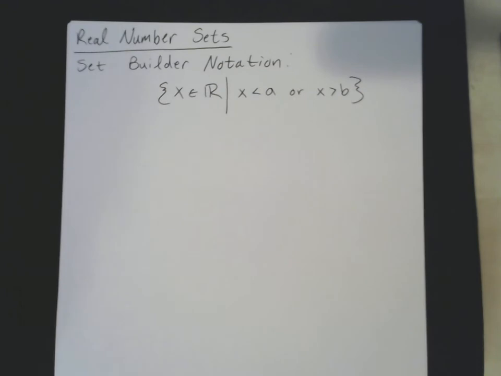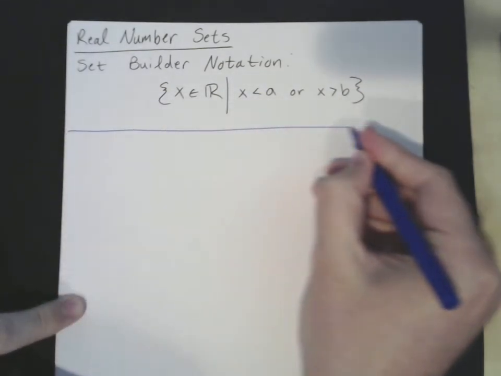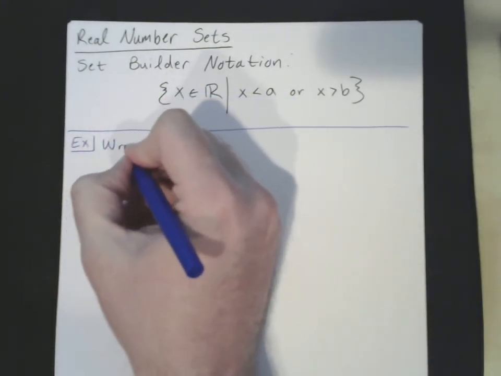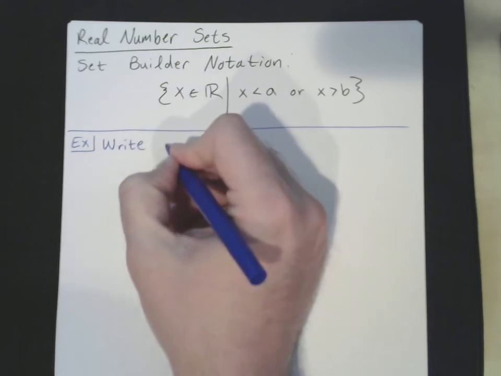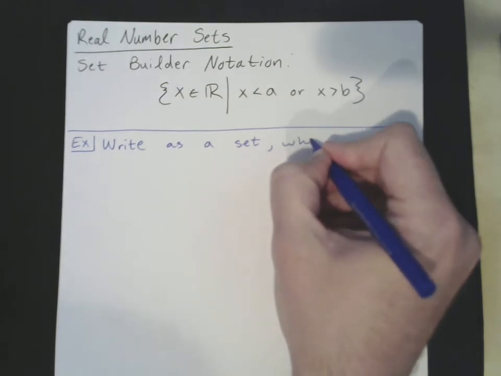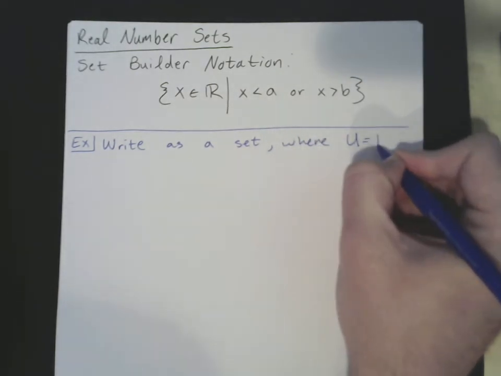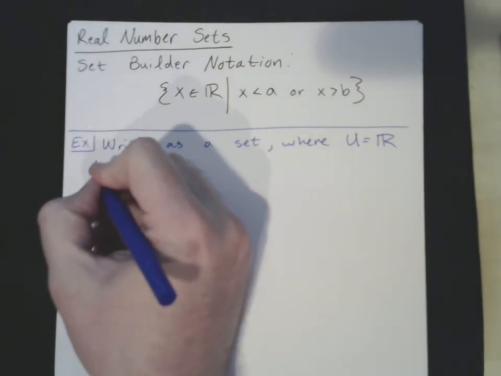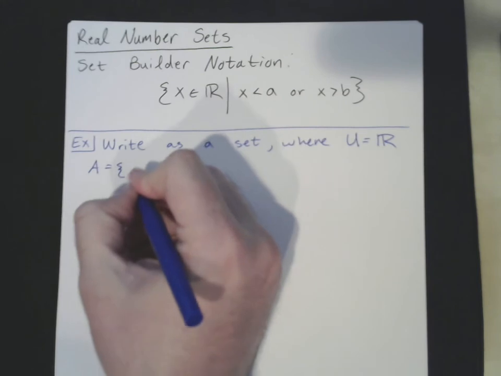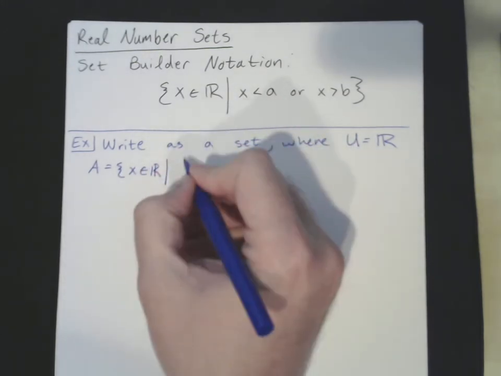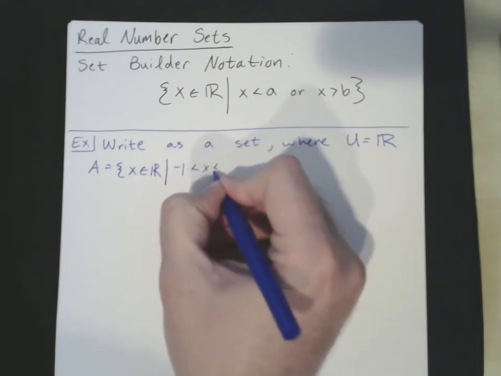So let's do a little example practicing just writing some sets. So we're going to write as a set where the universal that we're dealing with is the real numbers. And our set A is going to be the set of real numbers x such that -1 is less than x is less than or equal to 0.